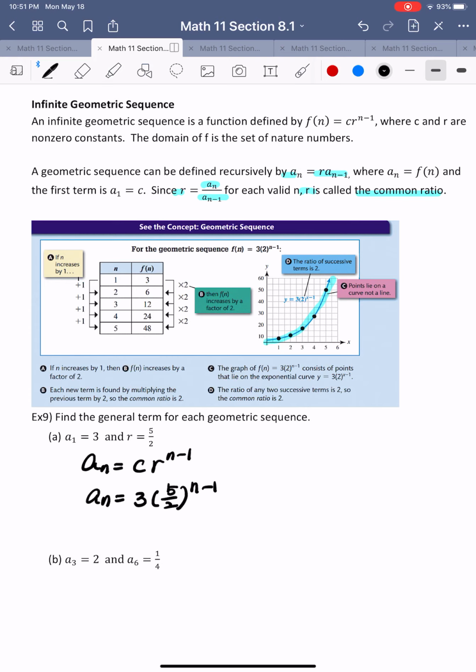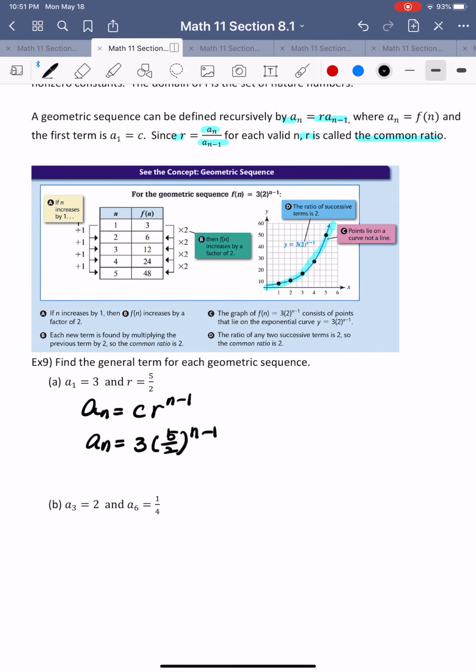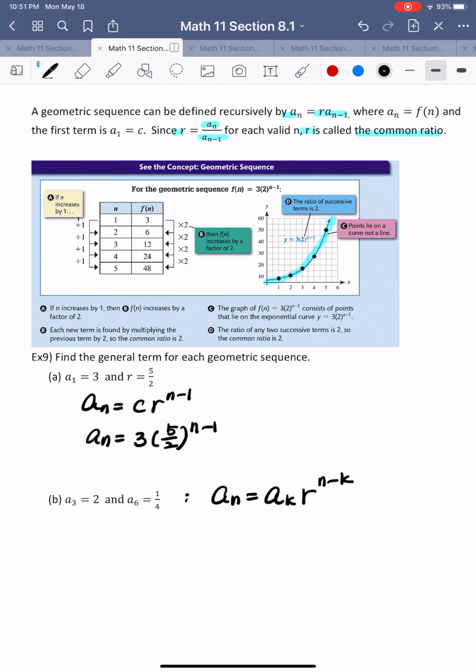And then another way you can find it from B, there's another form you can use: a sub n is always a sub k times r to the n minus k. So you can use this one. This time n is always bigger than k, so n is 6 and k is 3. So a sub 6 is a sub 3 times r to the 6 minus 3.